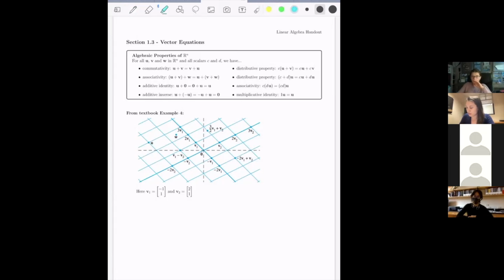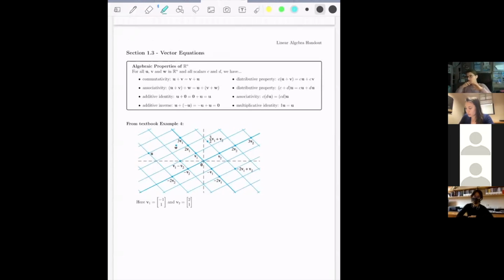Just to make it clear, because this gets a little mucked up, V1 is -1, 1, so it is actually right here. And then V2 is 2, 1, and it's right here.